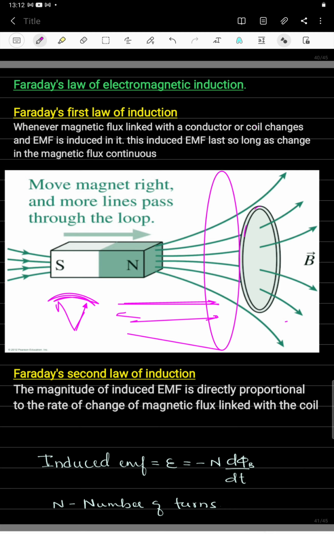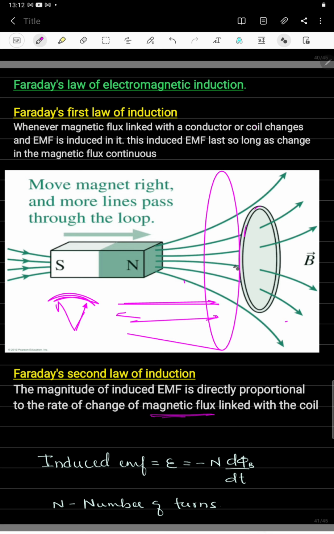Now we will see the second one, Faraday's second law. Whatever change in flux we have given here, it gives the magnitude of the induced EMF. That magnitude is directly proportional to the rate of change of magnetic flux.